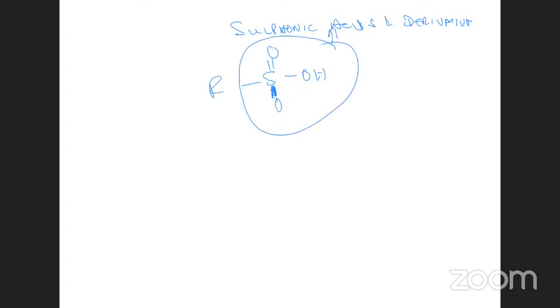Then sulfonic acid also could be joined by a chloride or an ester, the same thing, but with sulfonic. Unless you're majoring in chemistry or something, you will not be coming across these very much. This is sulfonyl chloride.